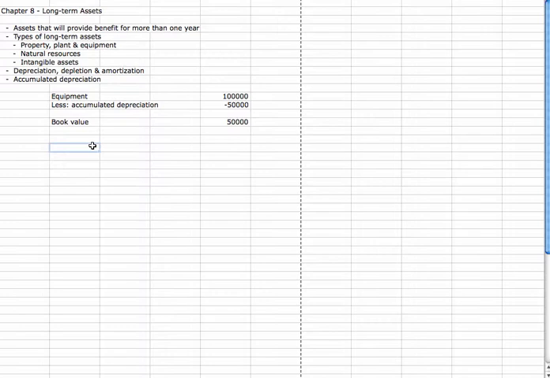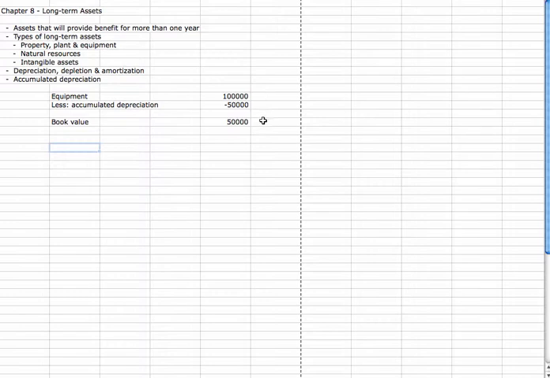The key number here is the book value, because if they've had that equipment for a long period of time and have been depreciating it so that pretty much it's worthless, the book value is going to be very low. If that's very low, it tells you that it's time to replace the equipment. Even though you might have $100,000 worth of equipment, it really isn't worth anything.